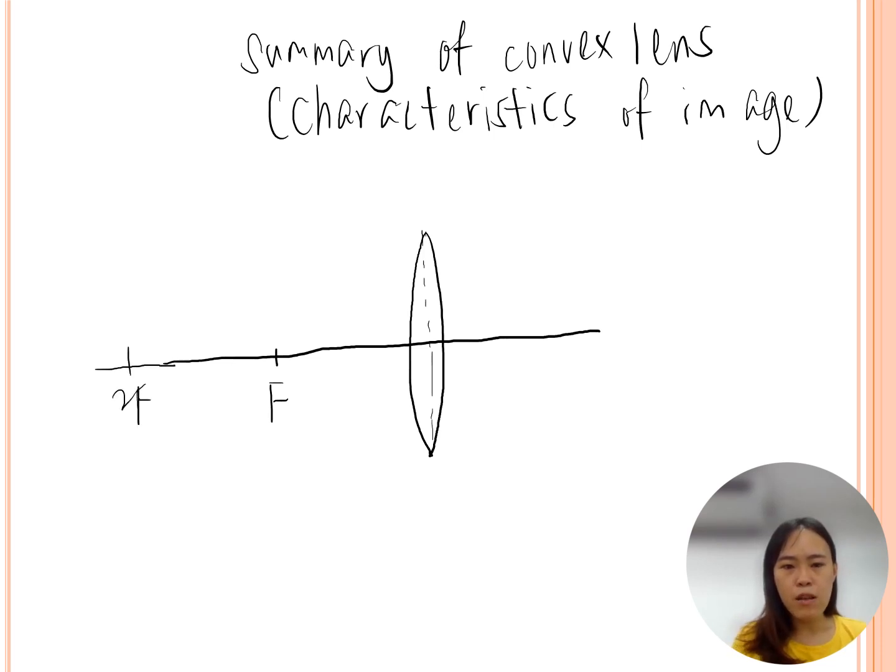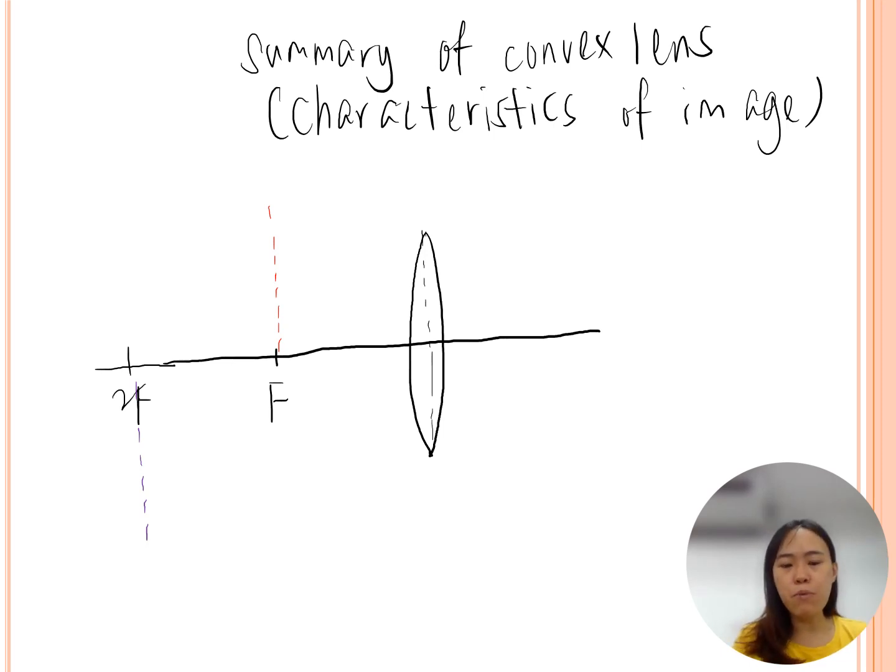This will be one guideline and the bottom one will be another guideline. The upper guideline is for you to identify either real, inverted or virtual, upright.